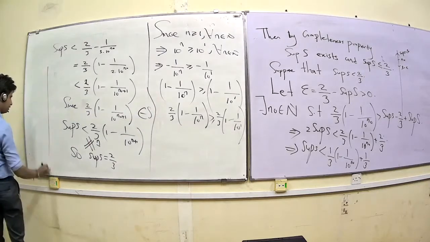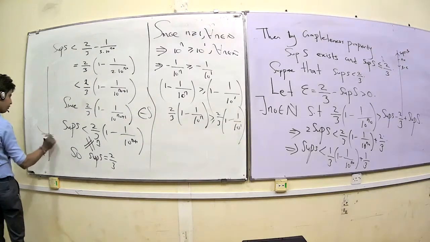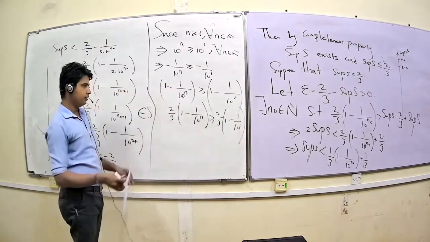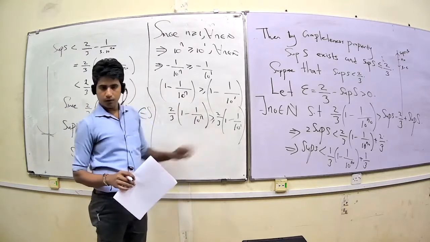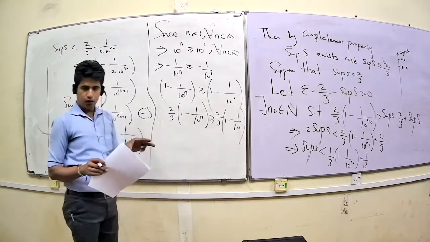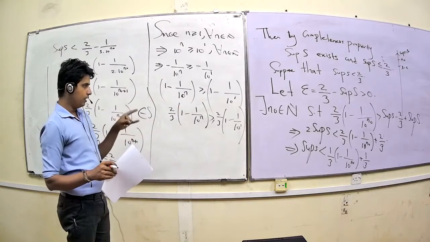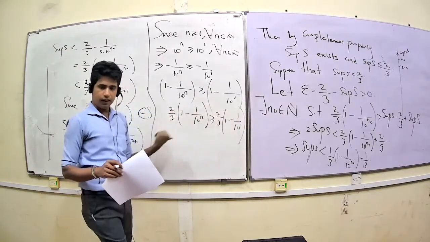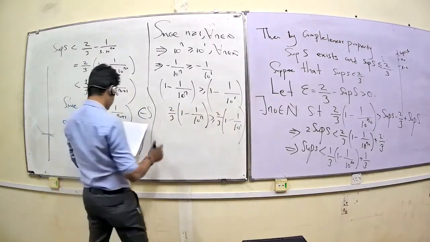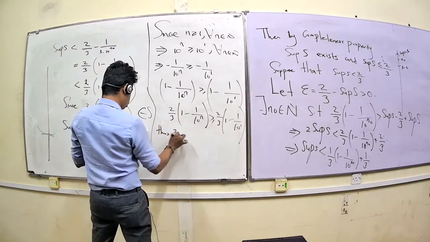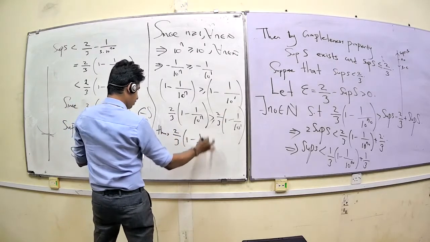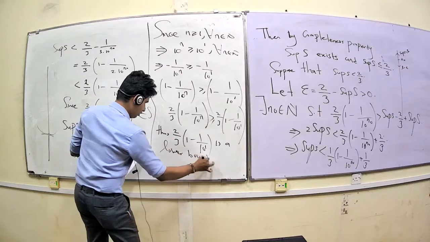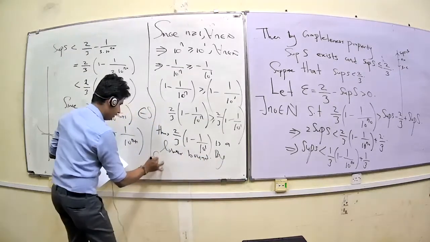By the completeness property, this greatest lower bound should be your infimum value. Check that one for that part. Thus 2 by 3, 1 minus 1 over 10 to the power 1 is the lower bound, right? By the completeness property, same idea.